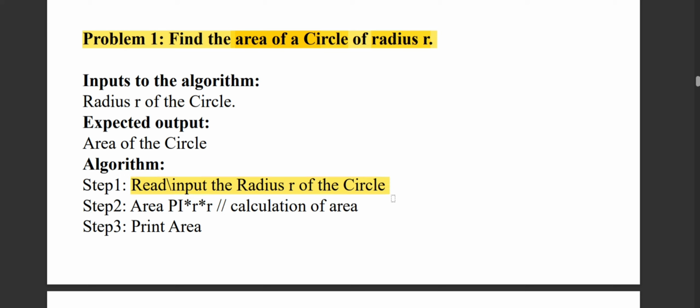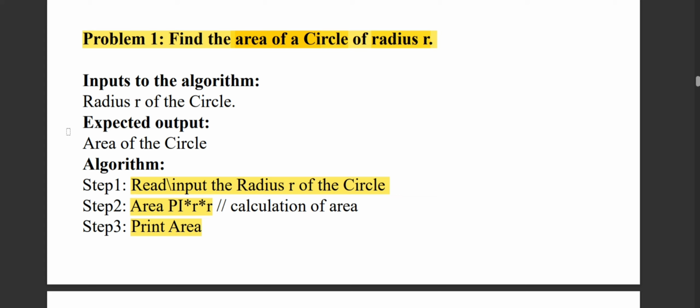I may give the radius as 2, you may give the radius as 5, and someone else may give the radius as 10. So first we should take the input from the user, and the next step will be finding the area. We know that the formula for area is pi r square. We will use the radius given by the user and calculate the area. And the next step is printing the area, because they are asking for the area, so we should print the area.